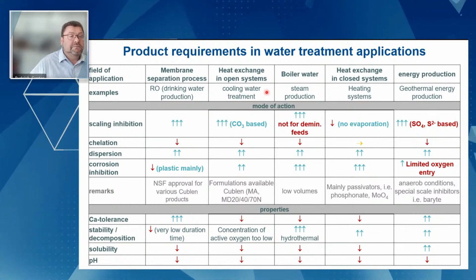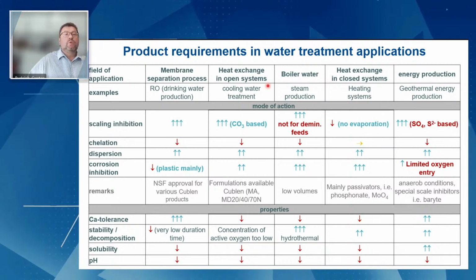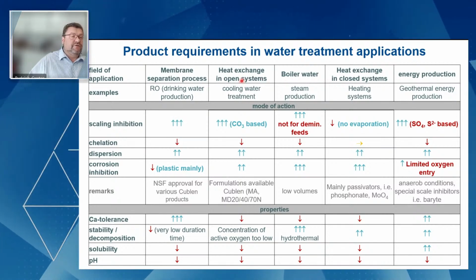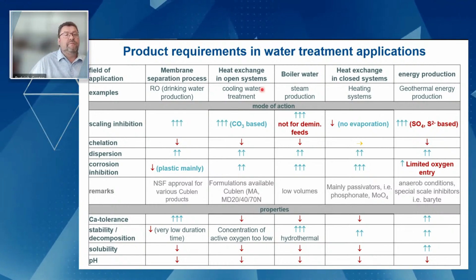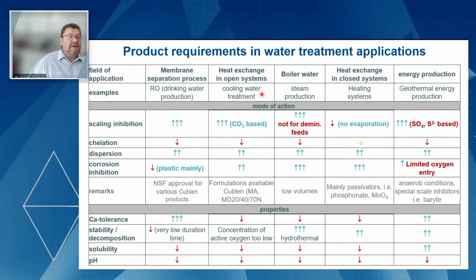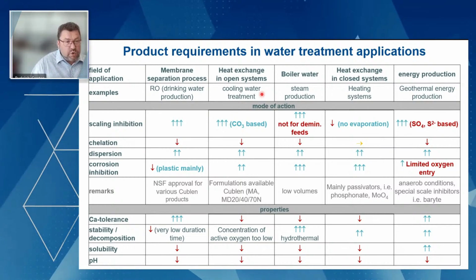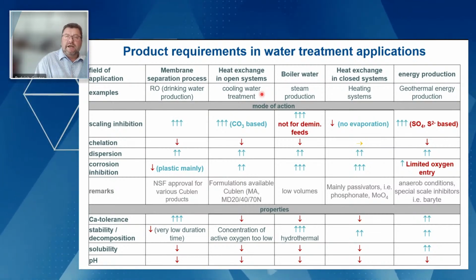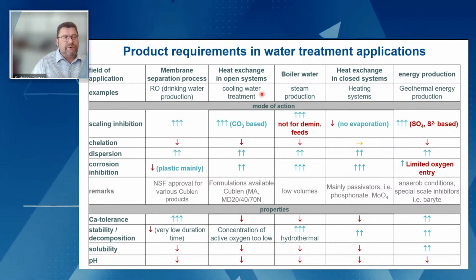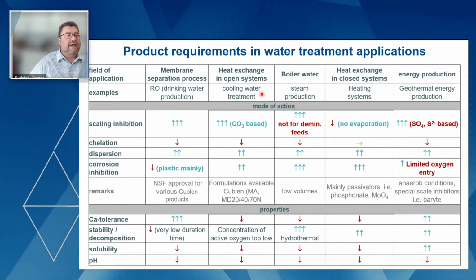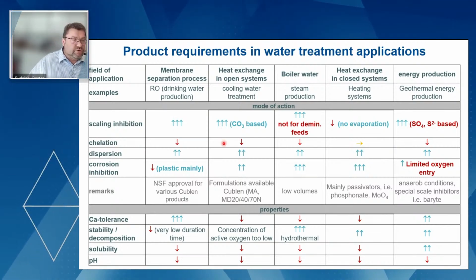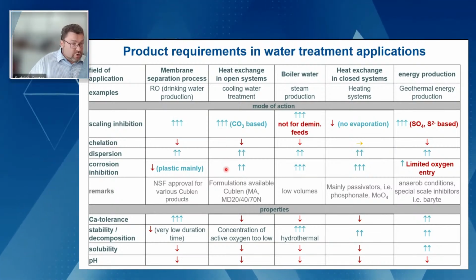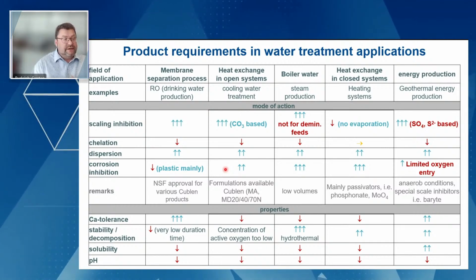If we speak about heat exchange systems, we need to differentiate between open systems and closed systems. If you speak about open systems, then we have, for example, cooling, which is applied by evaporating water. And for this, we have scaling inhibition as a very strong impact. Chelation does not play a role, but dispersion and corrosion inhibition do, because we have different substrates.